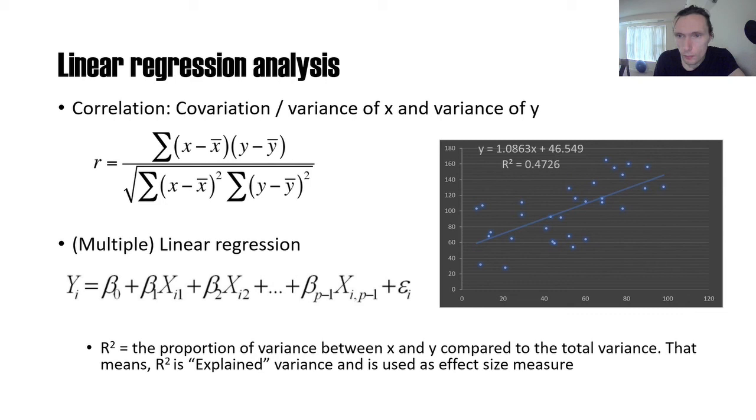Now you can also represent how well this line fits those dots by something called a correlation. And a correlation and a linear regression always go kind of hand in hand. If you have linear regression, you can easily calculate a correlation. And if you have a correlation between two variables, you should be able to calculate a linear regression from that.